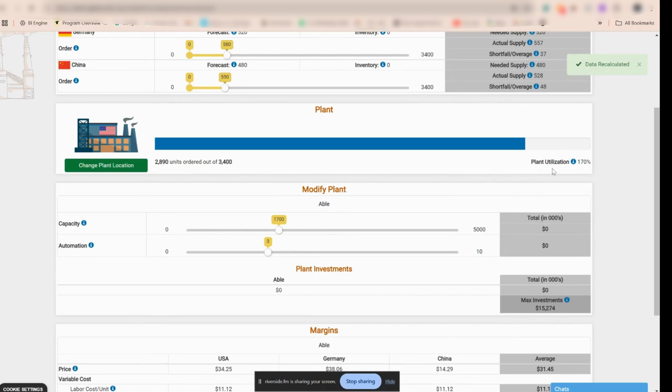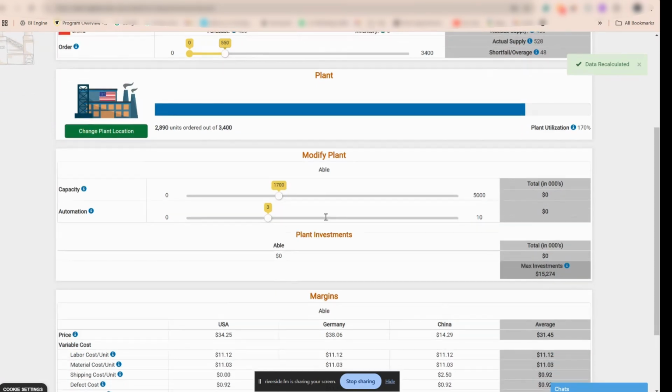So for capacity, right now we're at 170% of our capacity. Basically, you can do two shifts, so 170% of the capacity. With 100 we can produce, we're going to produce 2,890. That's what it means. But always note your capacity will be doubled. Whatever number you pick, you can produce double with two shifts.